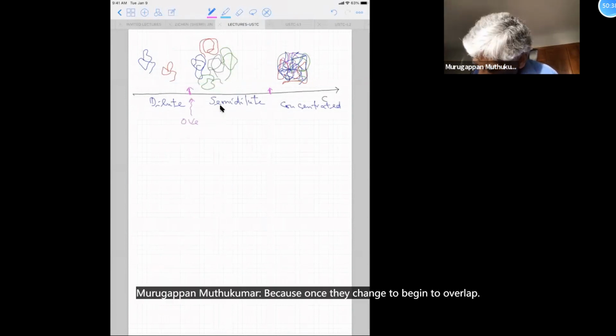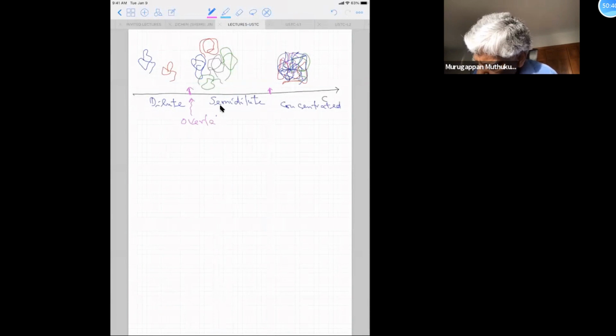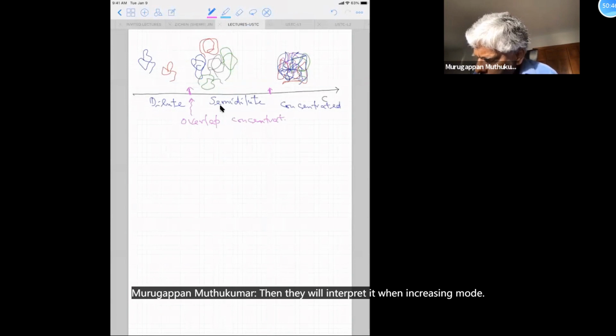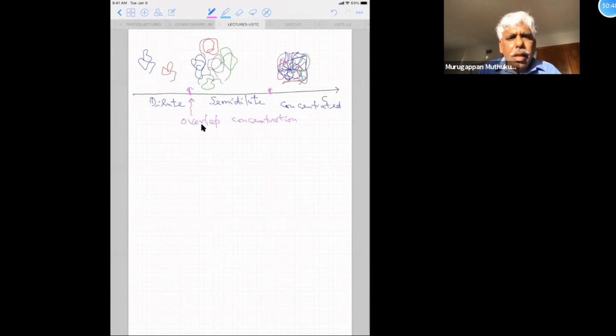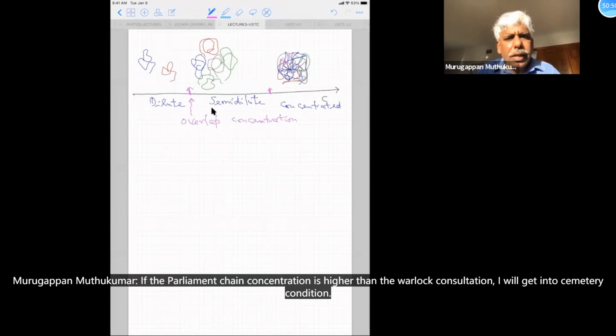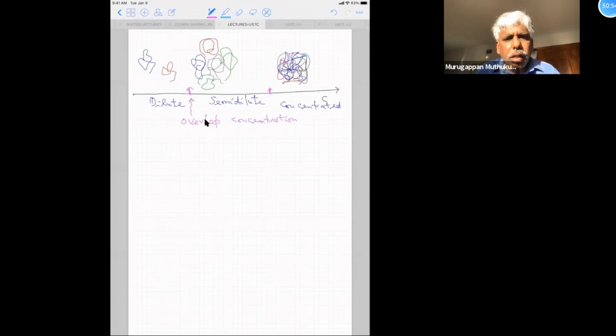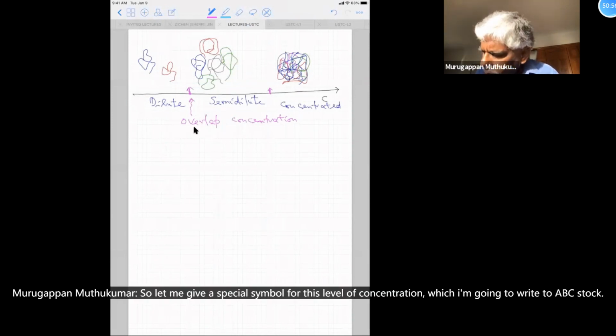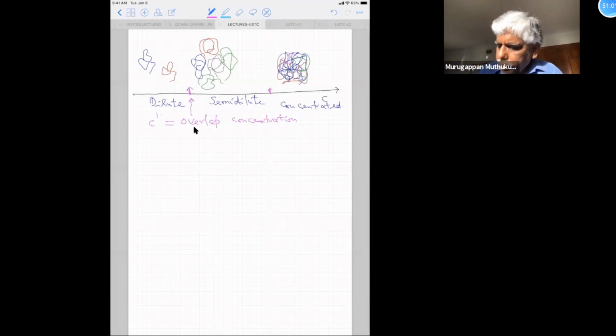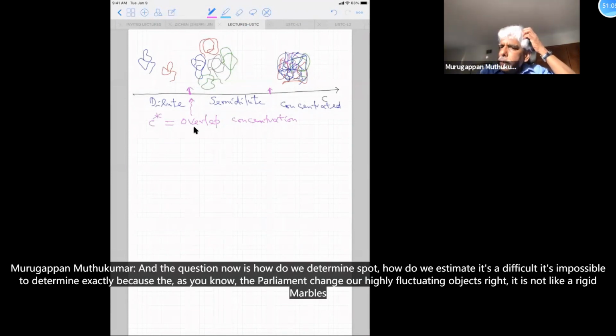Because once the chains begin to overlap, they will interpenetrate. If the polymer chain concentration is higher than the overlap concentration, I will get into semi-dilute condition. Let me give a special symbol for this overlap concentration, which I'm going to write as C star. And the question now is, how do we determine C star?